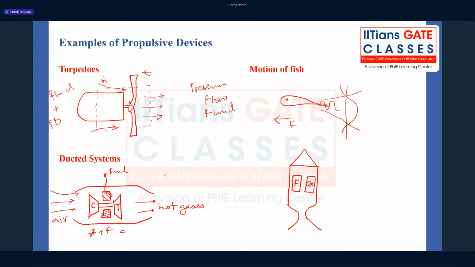Because of this ejection, because of this difference, there is a forward motion of the engine. Similarly, rocket engines consist of both fuel and oxidizer inside their own system. When it burns, because of the production of hot gases, it is ejecting in the opposite direction, and it is getting a forward motion. So all these examples can be considered as propulsion examples. I hope it is clear.